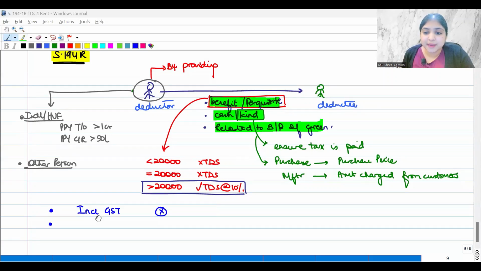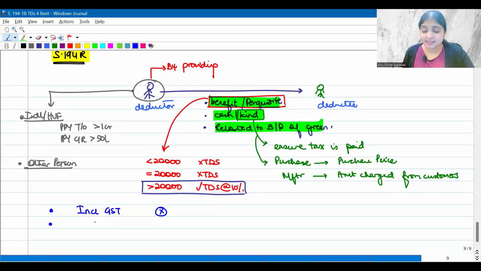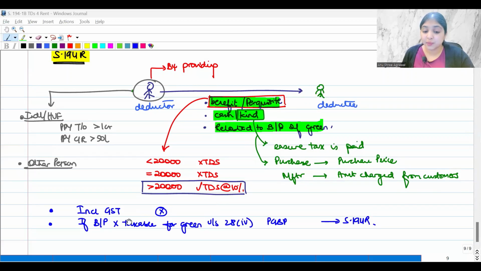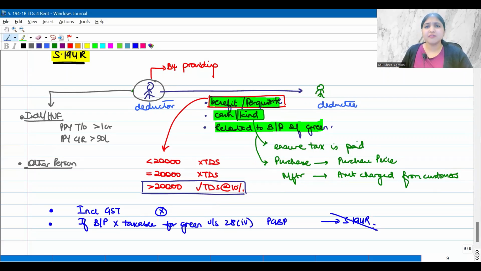See, can I say that if the benefit or the perquisite is taxable for green under section 28 clause 4, in the PGBP head, only then tax will be deducted under section 194R, which means if the benefit or perquisite is not taxable for green under 28.4, then 194R will not apply?